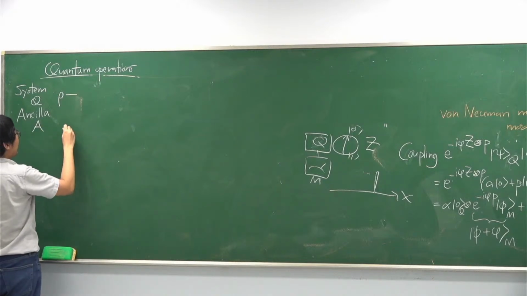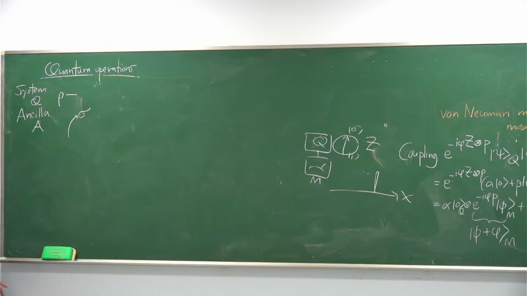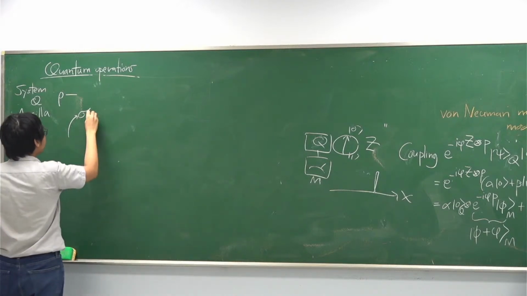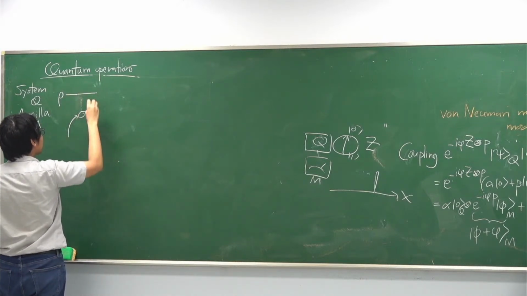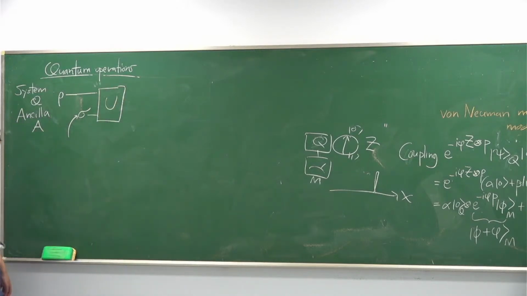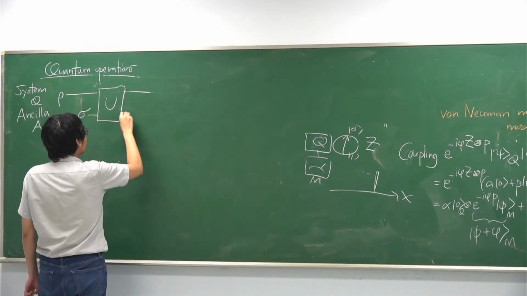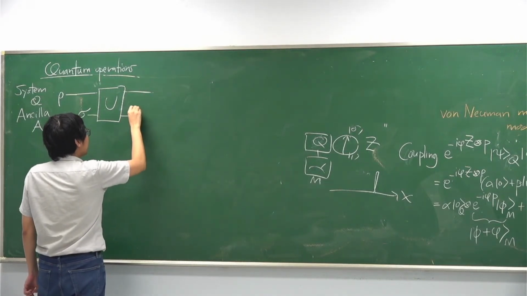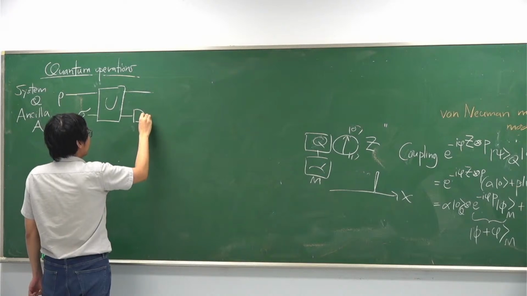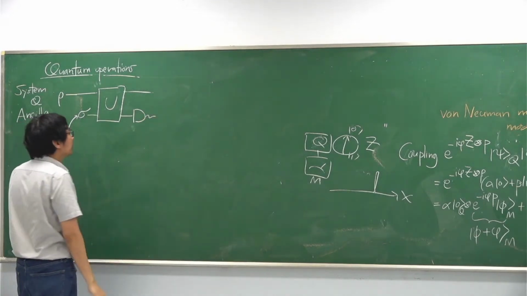We bring in the ancilla in some state sigma. Then we evolve them together under some joint unitary operation, and then we measure out the ancilla at the end.